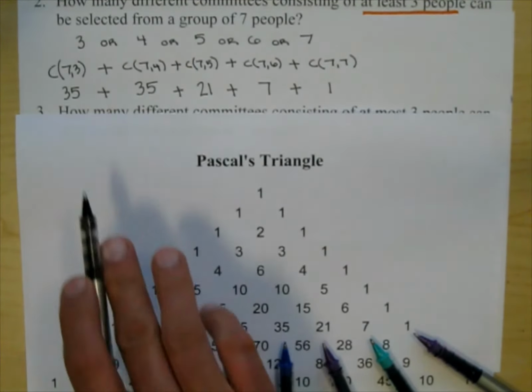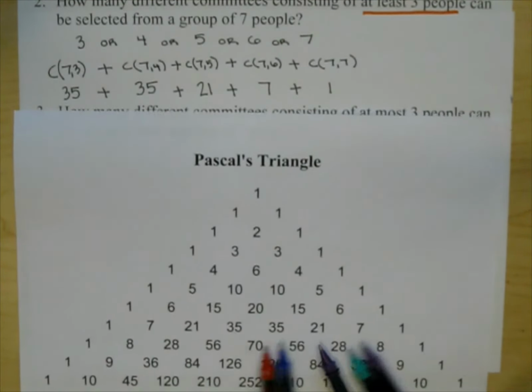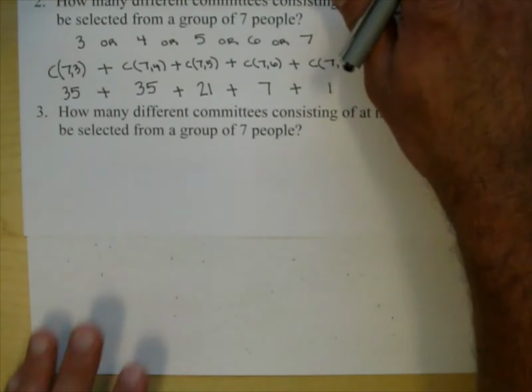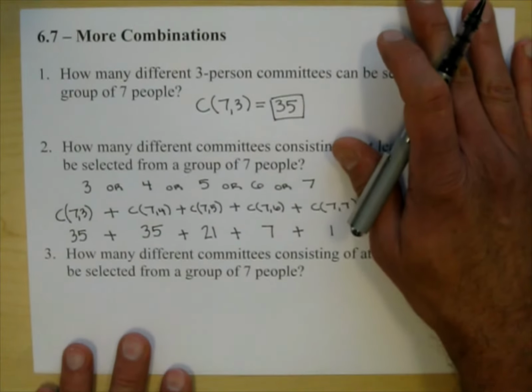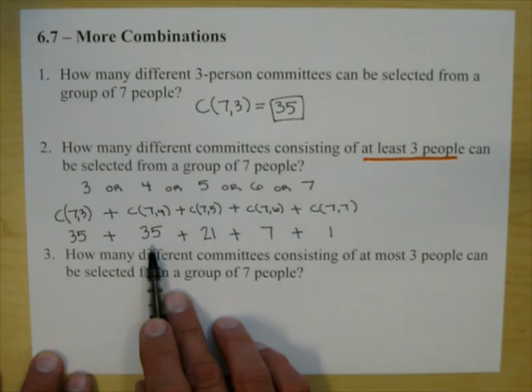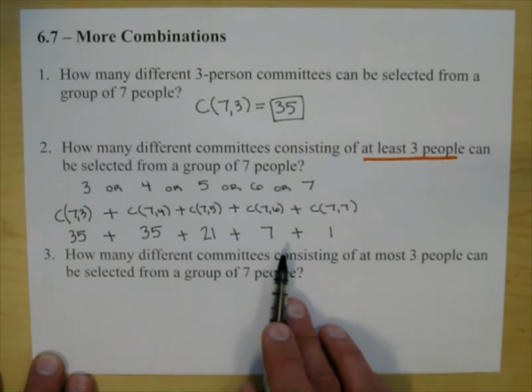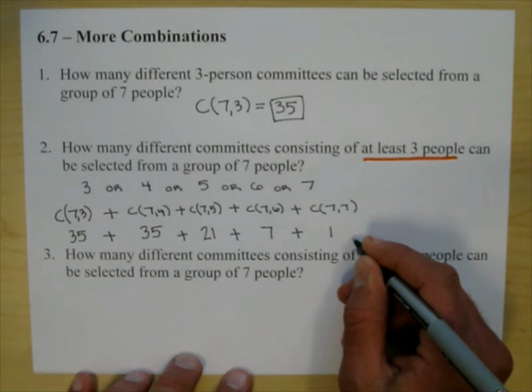So I get those numbers right from row 7 in Pascal's triangle. So now I have to add this up. That's going to be 70, 80, 90, 91 plus 8 is 99.